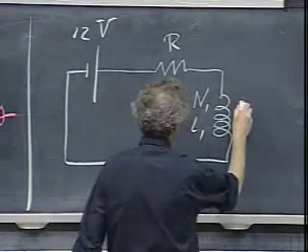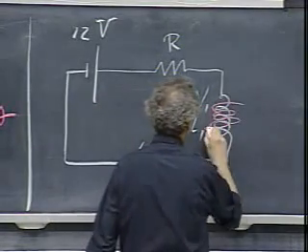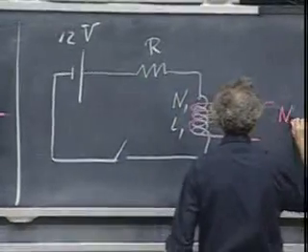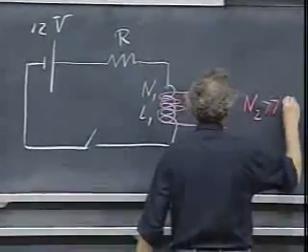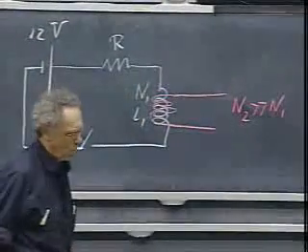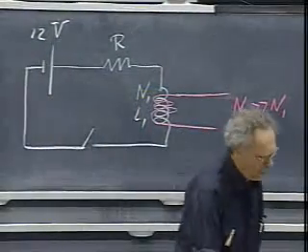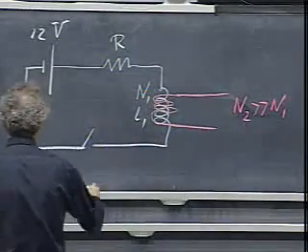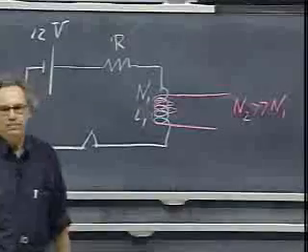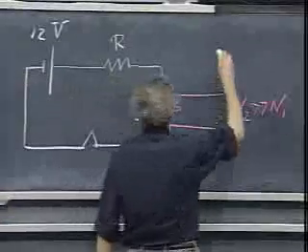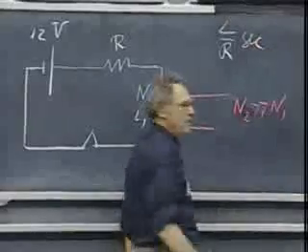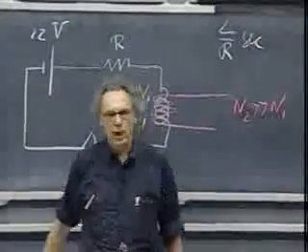And then I have here a secondary, where I have N2 windings, which is way, way larger than N1. I close the switch, a current is going to build up, and the time constant is L over R seconds. We discussed that before. It's going to build up.